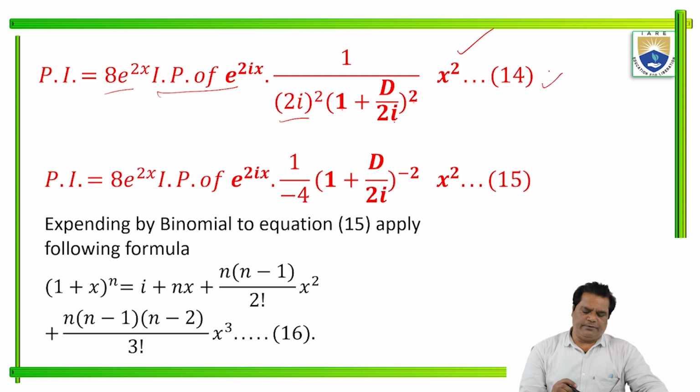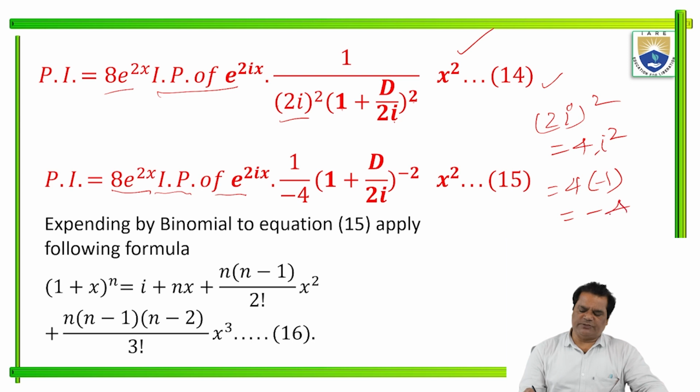This is equation 14. Now again 8 e to the power 2x, imaginary part of e to the power 2ix, 1 upon here 4i square. 4i square means minus 4. 2i whole square equals 4i square, and i square is minus 1. 4 into minus 1, so this is minus 4.